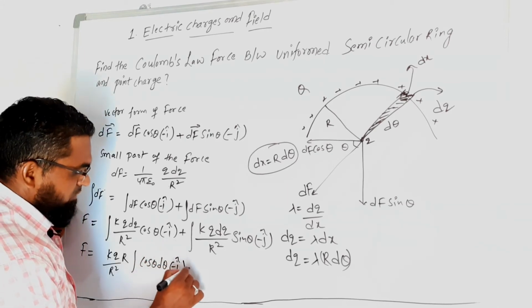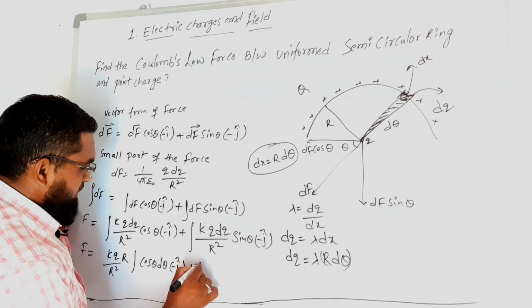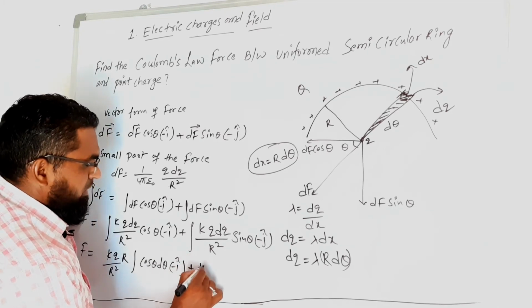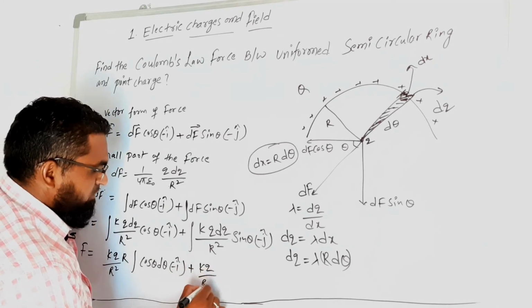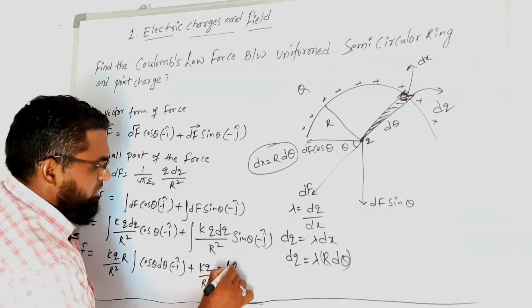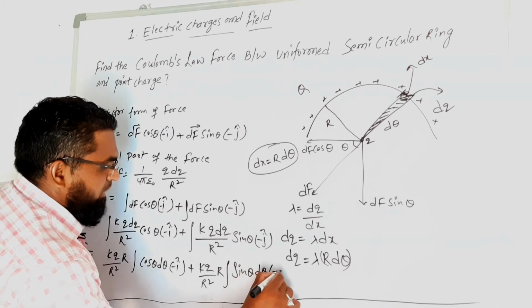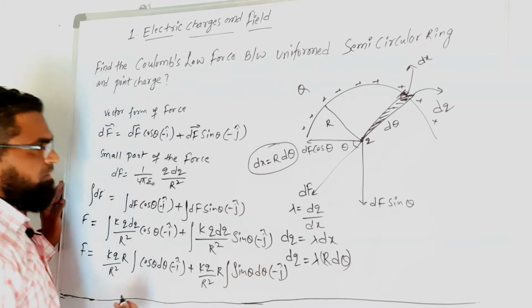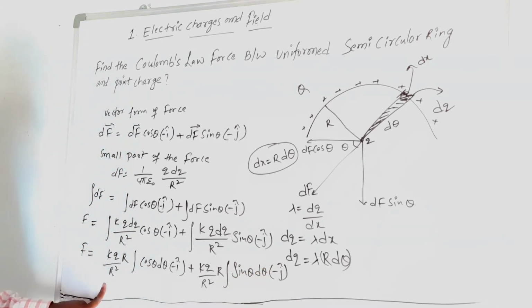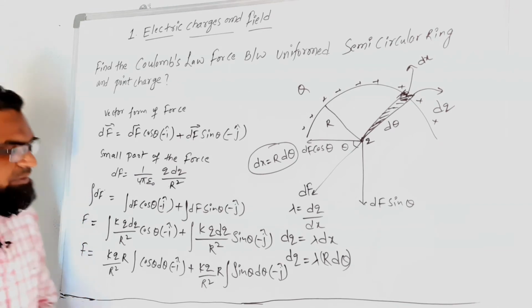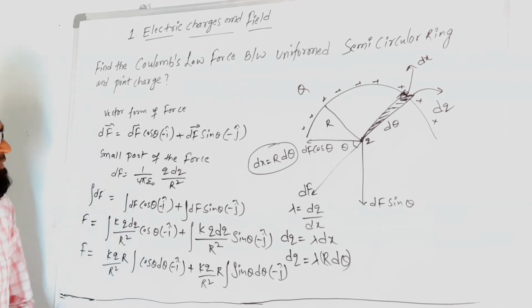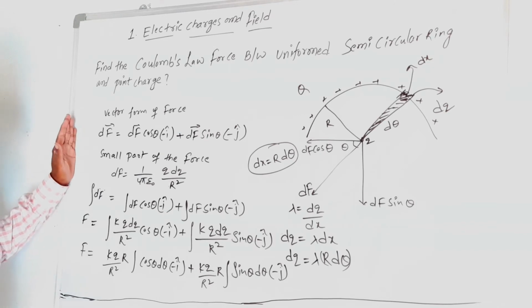Similarly this one also, plus kq by r square r integration sin theta d theta minus j cap. Up to this point is clear now, students? Further I am going to the next step. If you want, copy this line by line, stepwise.